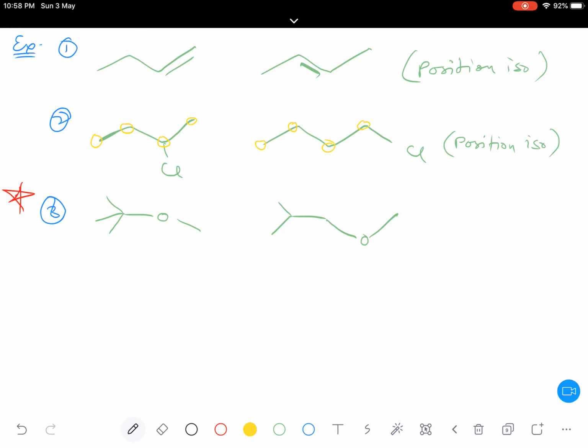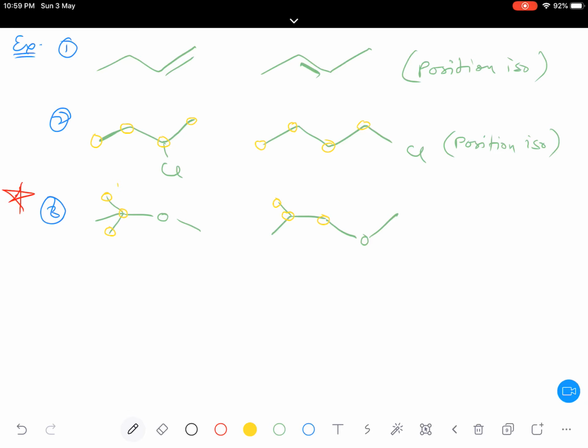Okay, the parent chain, if I have to write, I will write it as 1 2 3. Number of carbon atoms, 3 carbon will be there, correct? So that will be the parent chain. Now here in the second one, the parent chain is 1 2 3, again the length of the parent chain is the same, so these two cannot be chain isomers to each other, correct? But the position of this methoxy group, or methyl group, that you can define.